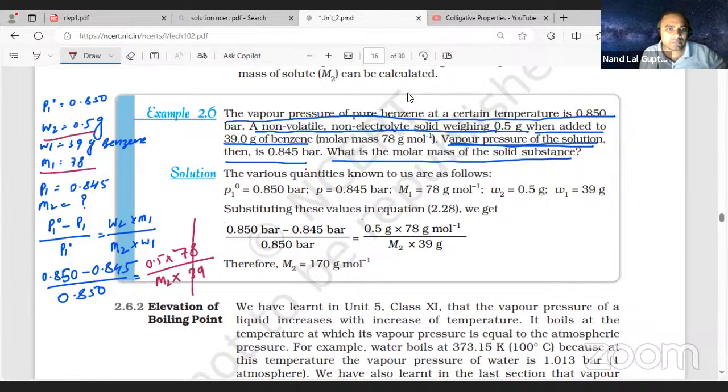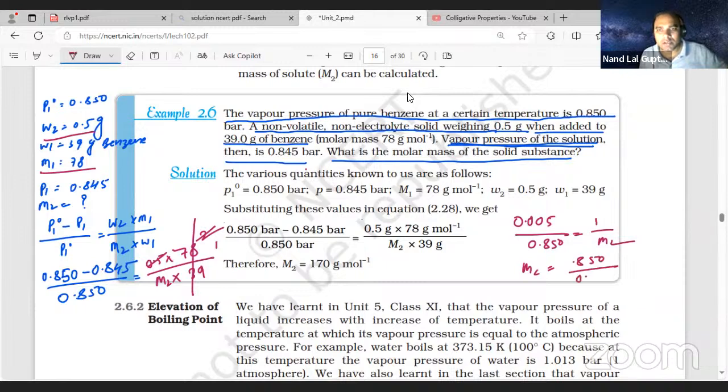So you can divide, this is going to be 2 times, and then multiplied, this is going to be 1. If you subtract this, it will be 0.005 divided by 0.850 equal to 1 by M2. So M2 is equal to what?